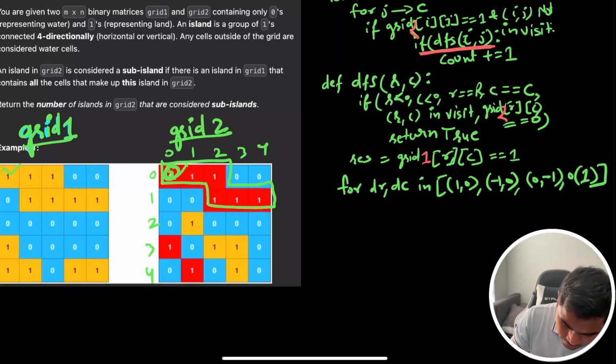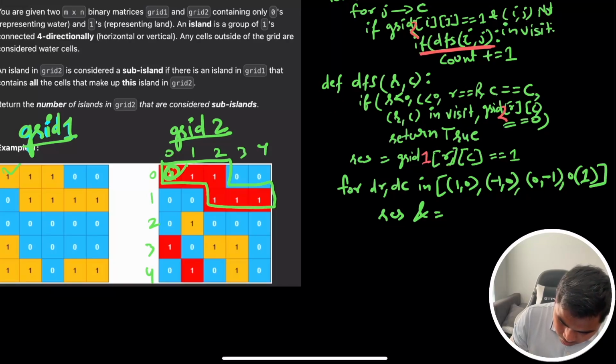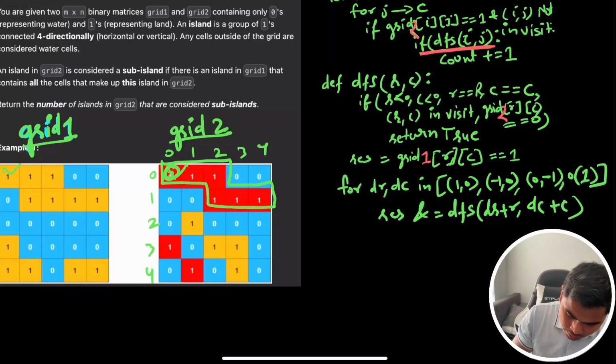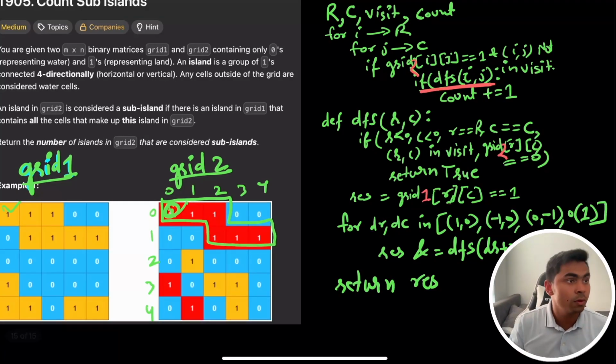So what we'll do is result and the DFS on all of these, dr plus r and dc plus c, and then finally we return our result. That is the entire pseudocode.